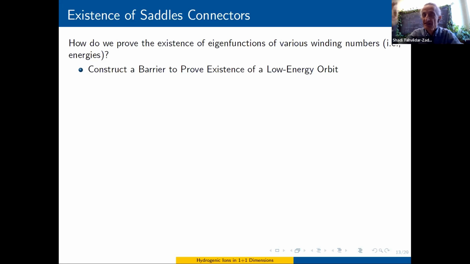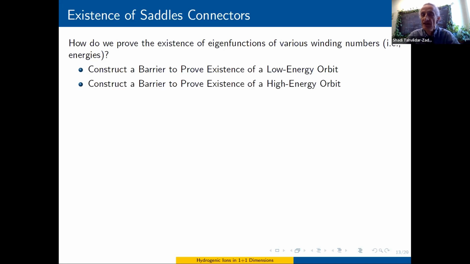The point is, if you put a barrier above it, then it would have to go below something. And if you put a barrier below it, it cannot go further below. It has to stay above it. And this way, if you can prove these barriers, then you can construct the kind of solution that you're looking for.